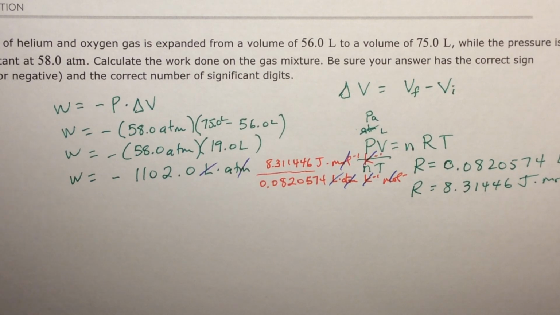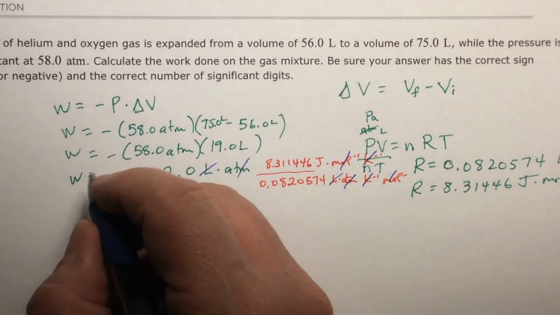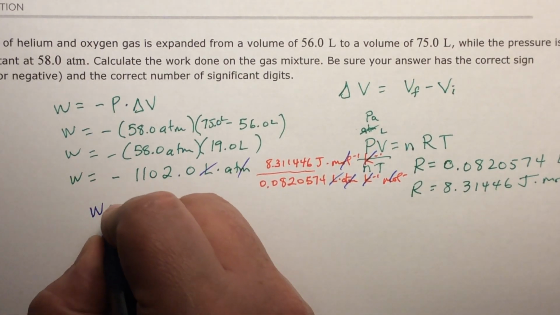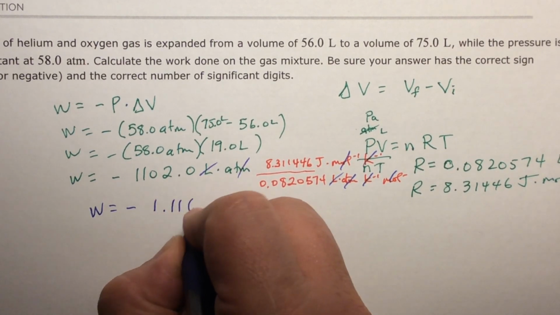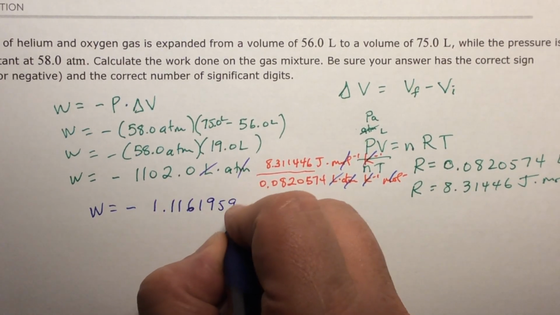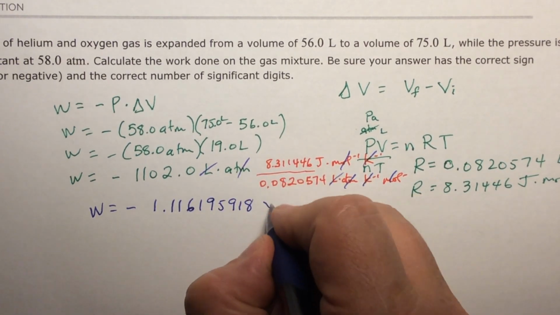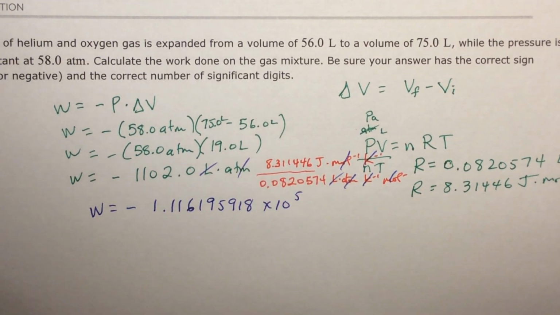I've got 1102 times 8.31446, divided by 0.0820574, and I have W equals minus 1.116195918, which I'll round in a minute, times 10 to the 5.